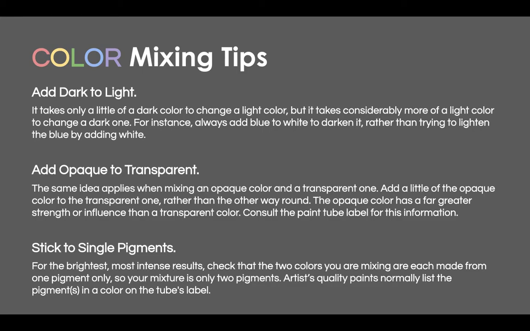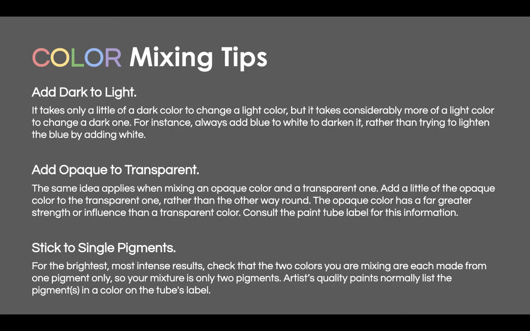The same principle holds true for opaque and transparent colors. Always add a small amount of the opaque color to the transparent one instead of the other way around. The opaque color has a far greater strength or influence rather than a transparent color. You can determine whether your color is transparent or opaque by reading the paint tube label.